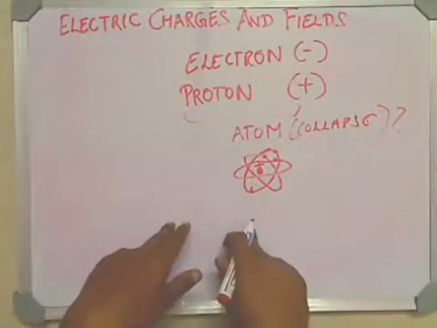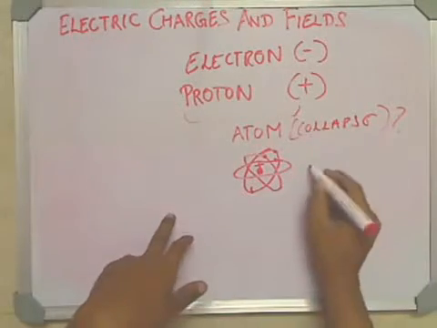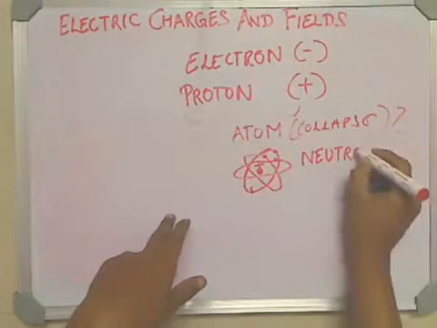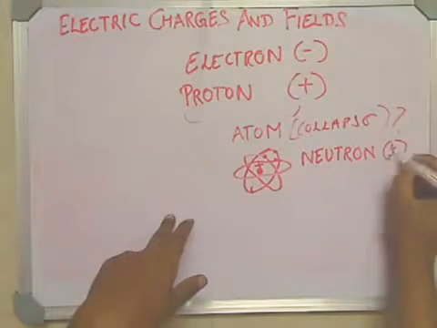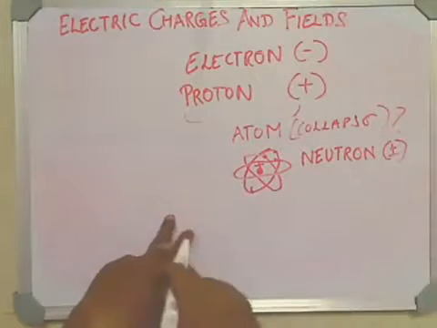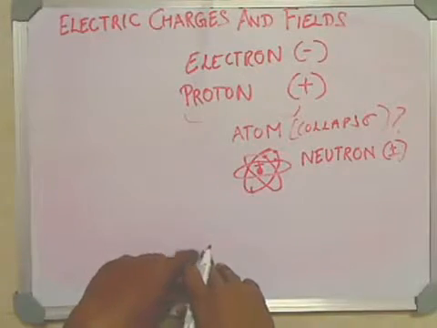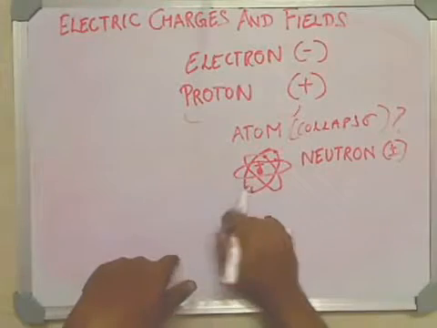We came across another discovery that in order to avoid the whole system from collapsing, you have another subatomic particle, which is the neutron. This has no charge whatsoever, and because it has no charge, it's able to bring balance to the atom.